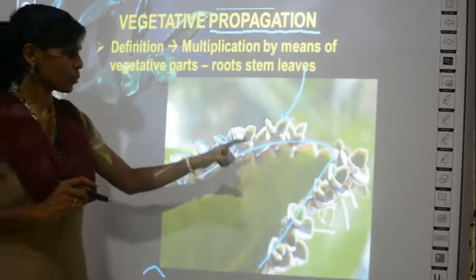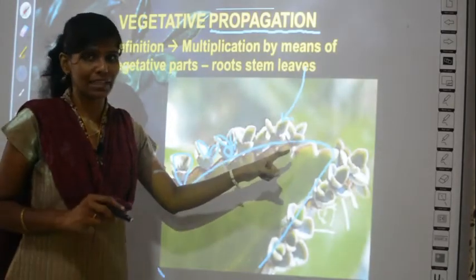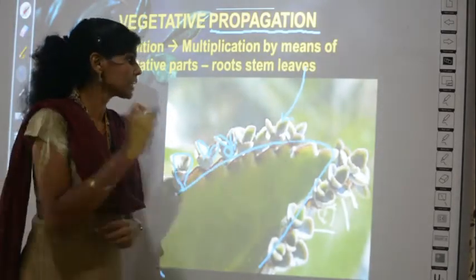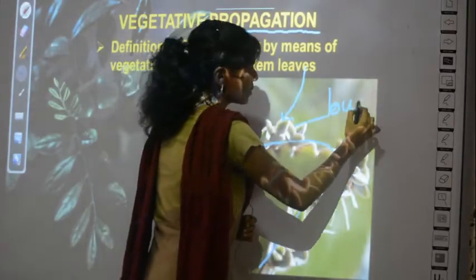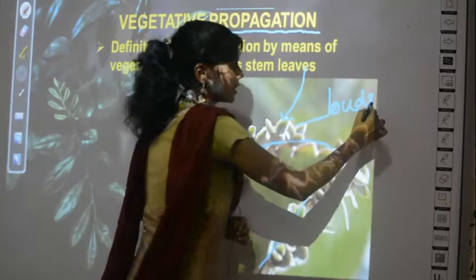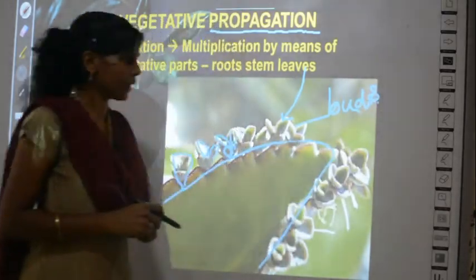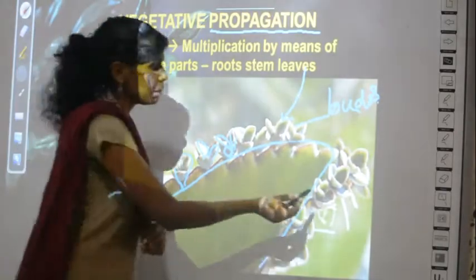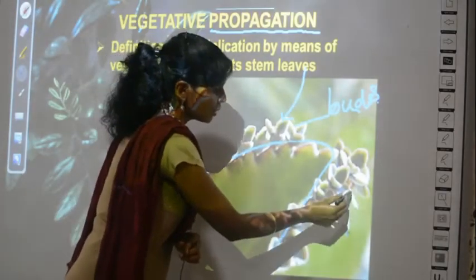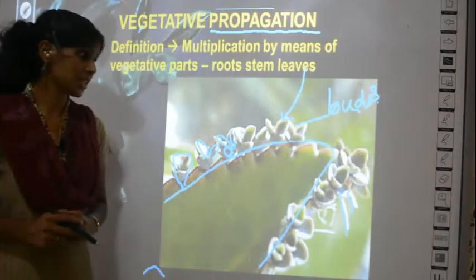See, first what happens, you don't call them as leaves or plants, you call them as buds. What do you call? These small plants which arise are called as buds, B-U-D-S. Okay, so first buds arise, and after that from the buds, see, can you see roots here, white thread like structures, they are roots.